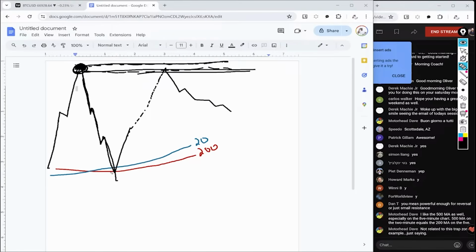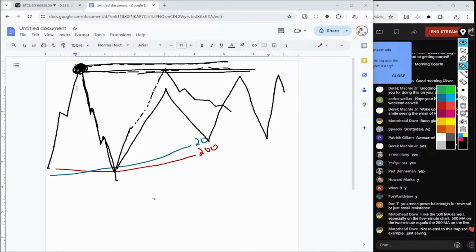The moving average support is beneath you. The overhead pain point of resistance is above you, and the stock is now trapped between both. You got this one? Price moving average trap zone. This was the moving average one.